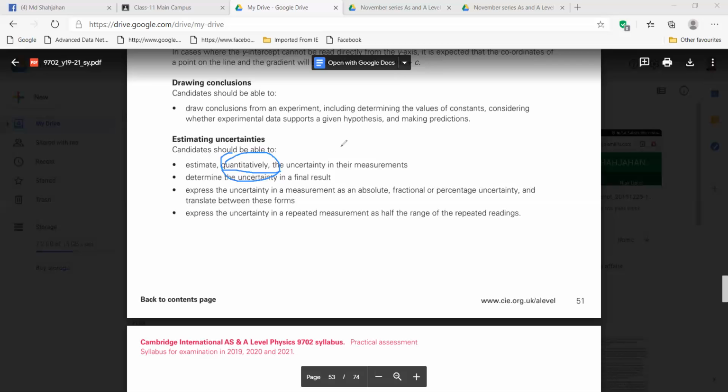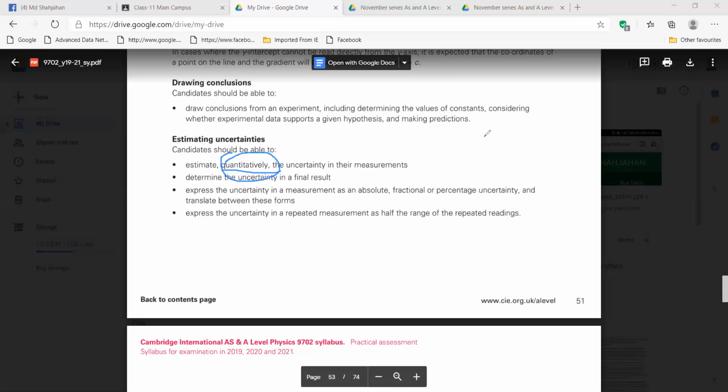So I'm giving you one example to make the difference. I think still you are not clear what the difference between quantitative and qualitative is. Like you got one straight line and one curved line in a distance-time graph. These are qualitative explanations: in a distance-time graph, if we are getting constant speed, this line should be a straight line.